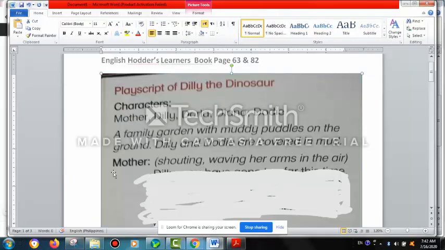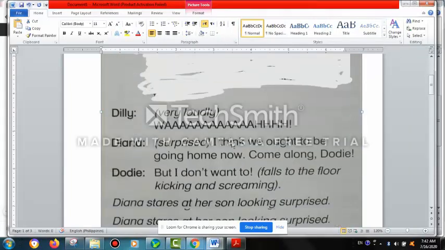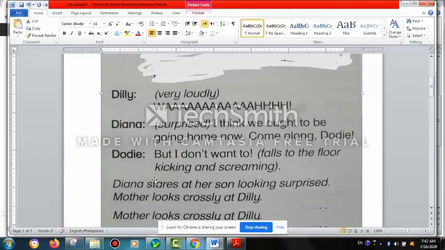The book told us that the mother was shouting, waving her arms in the air. And here we see Dilly, Diana, and Dodie. Dilly had a dialogue here, and Dilly here in the Playscript was shouting. So you can add a tone of voice, very loudly.